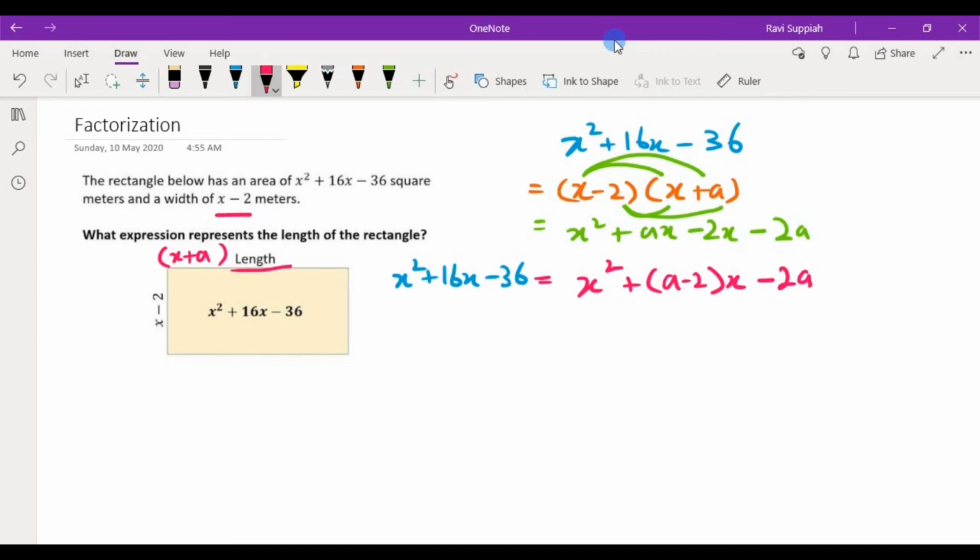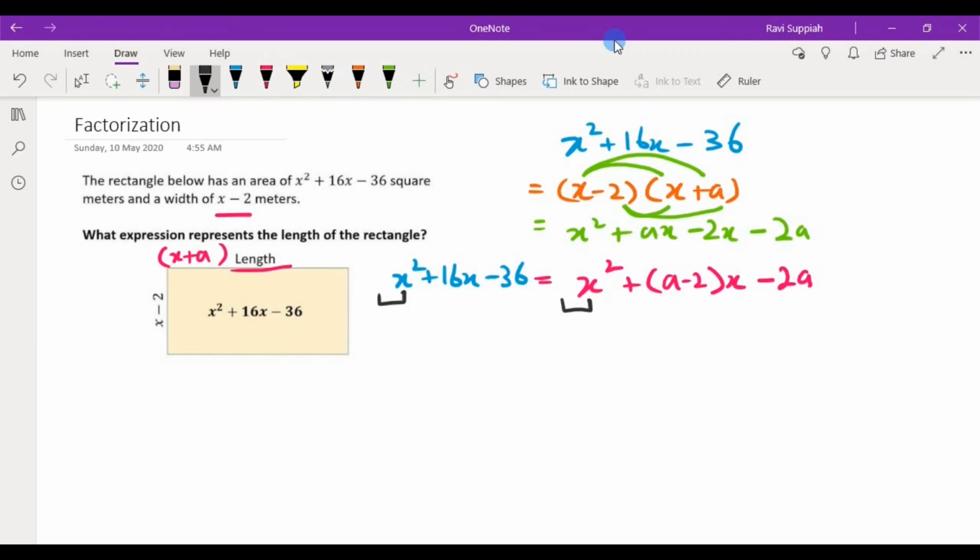For x squared, the coefficient for both is 1, which is not written. Now, to find a, I can compare two different coefficients. Either I can compare x, or I can compare the constant term.